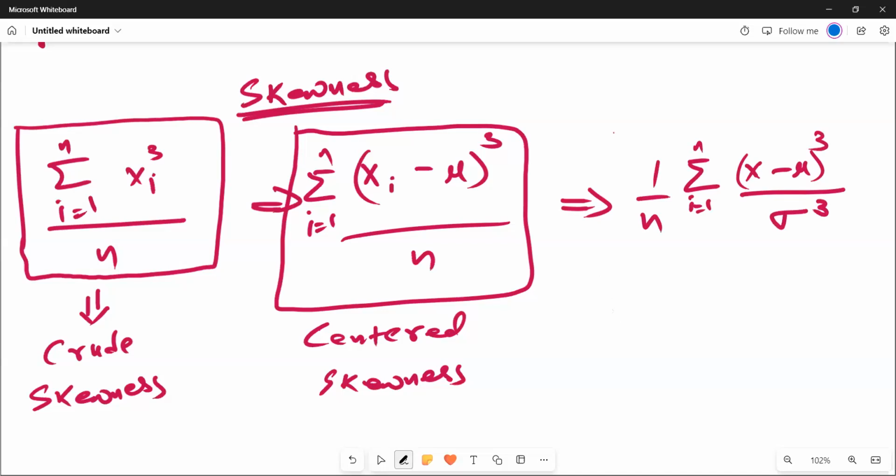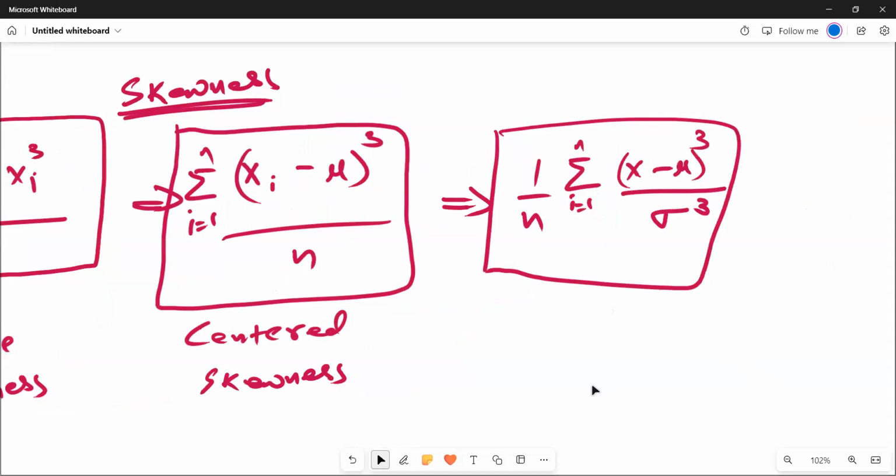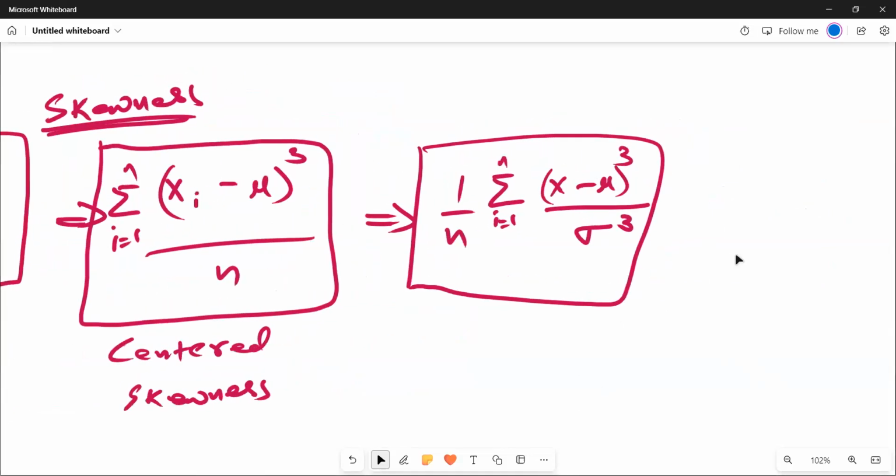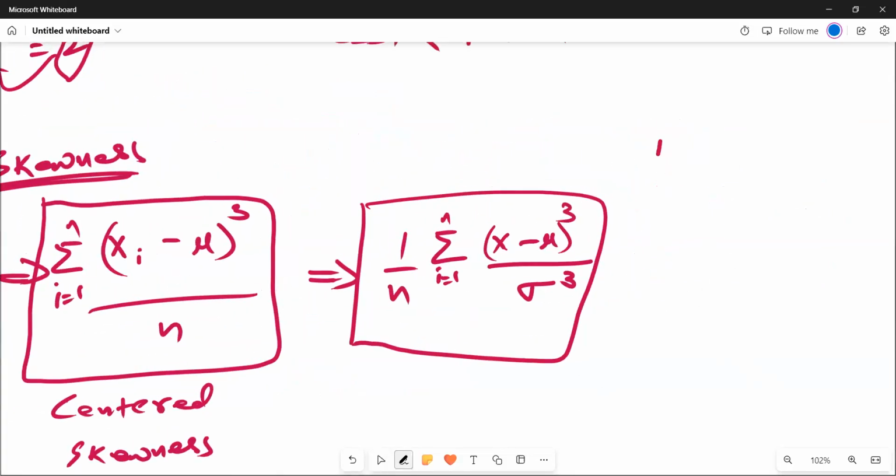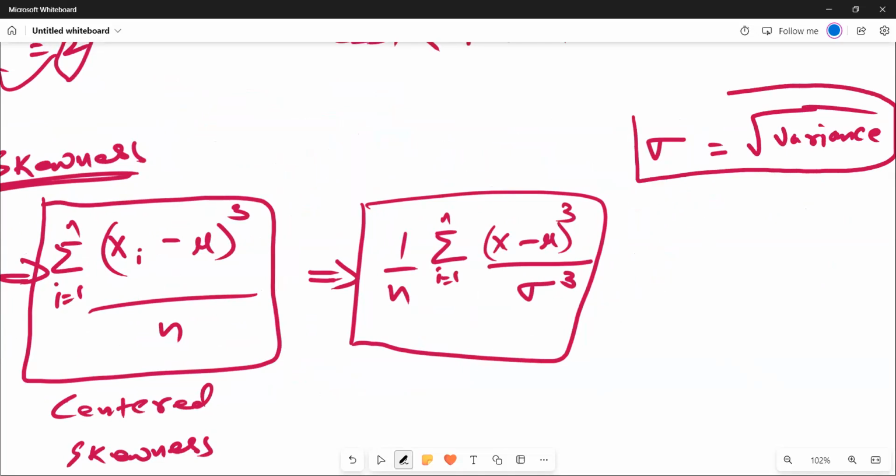The standard deviation is nothing but the square root of variance.